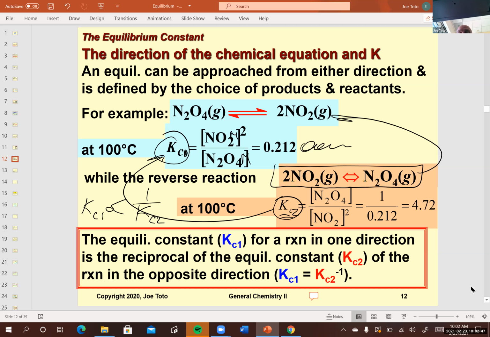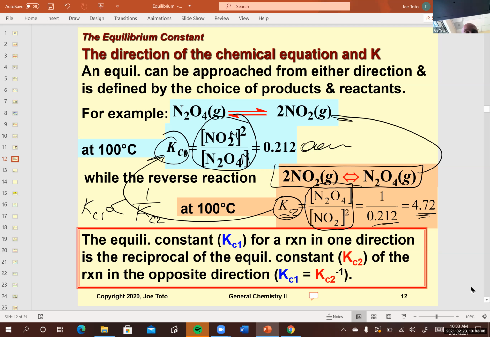It's not only proportional, and you can see that through the definition. This Kc is defined with N2O4 on the top, whereas the other Kc is defined with N2O4 on the bottom, so I would just take the inverse to find my other K.